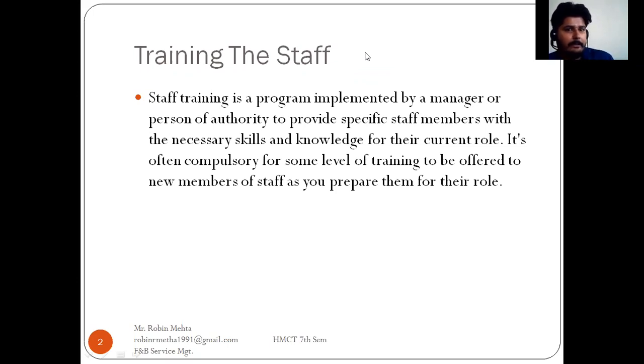They hire you as an OJT, on-job training, maybe for 6 months or for 1 year, depending upon the policy or on your skills.